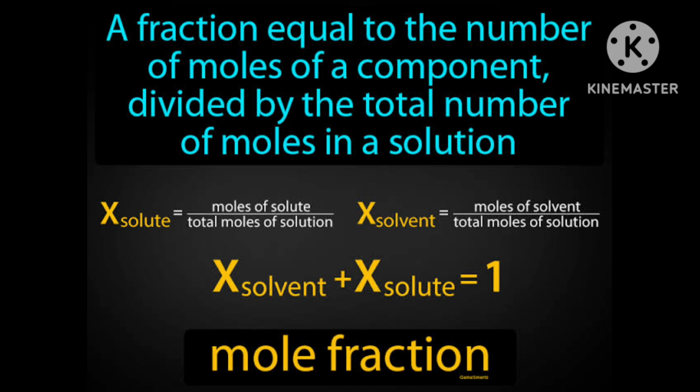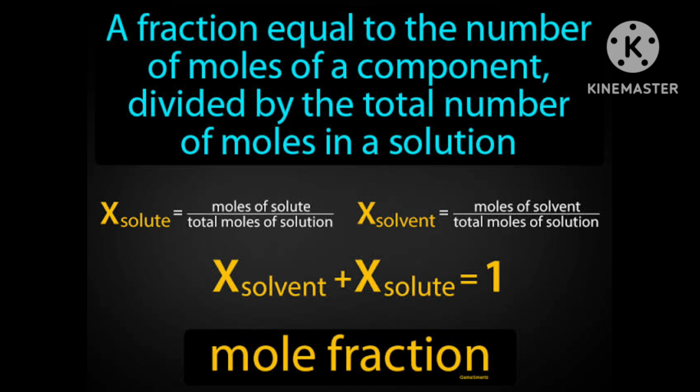And now, this is for solute, and for solvent you can consider small n divided by capital N. Here small m is the mass of solute, and capital N is for solvent, just to understand.